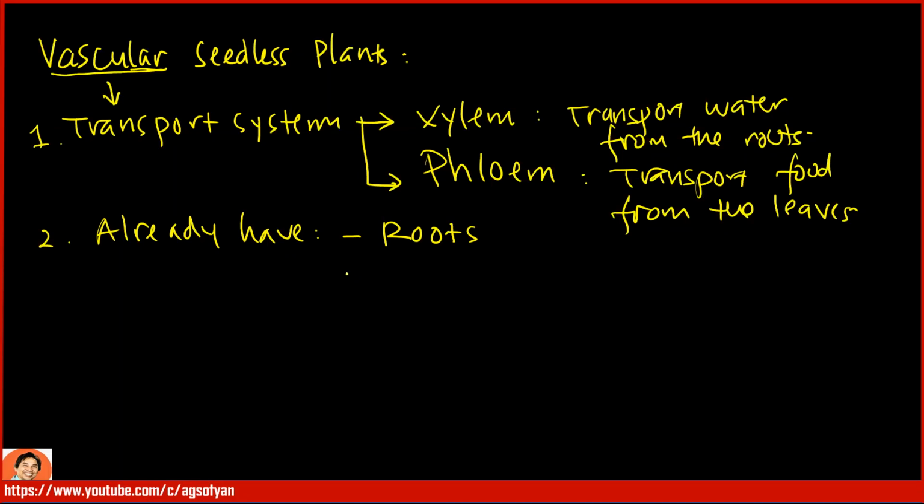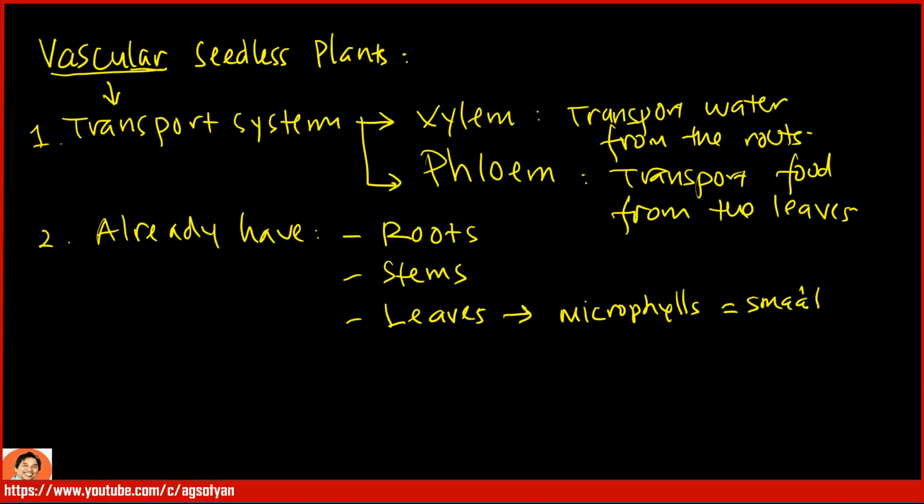So this one has roots, and also already has the stem and the leaves. For the vascular seedless plants, the leaf they have is called the microphyll, which is a small type of leaf.